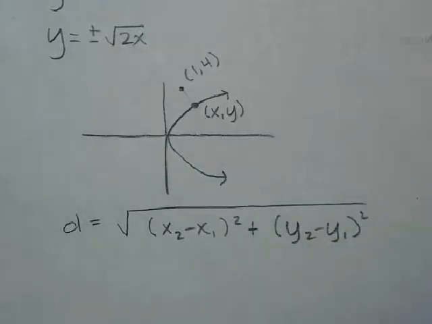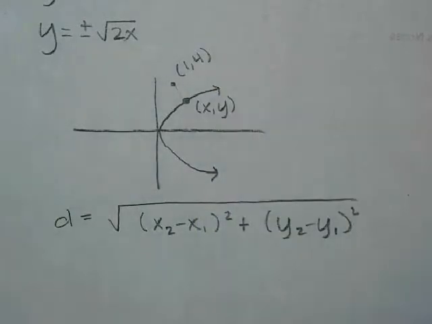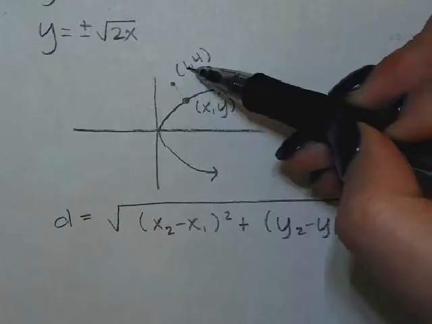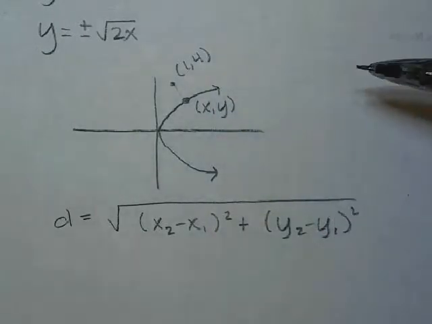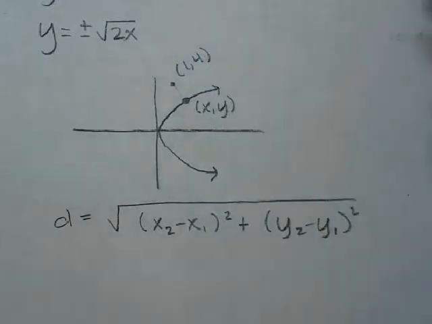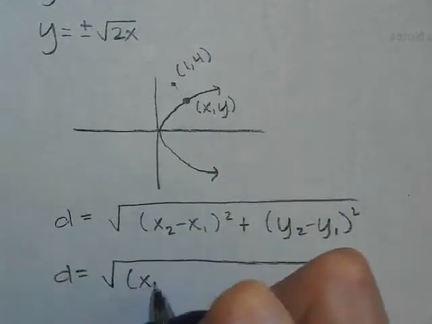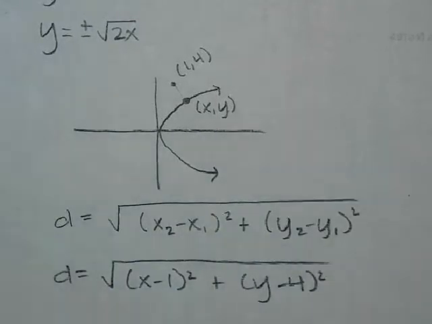Okay, so we are going to do that with these 2 points. So I'm going to go ahead and say x minus 1 squared and y minus 4 squared. Are you guys okay with that? x minus 1, y minus 4. Yes? Okay. So the distance is the square root of (x minus 1) squared plus (y minus 4) squared.